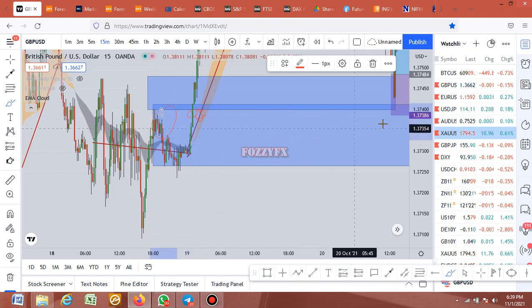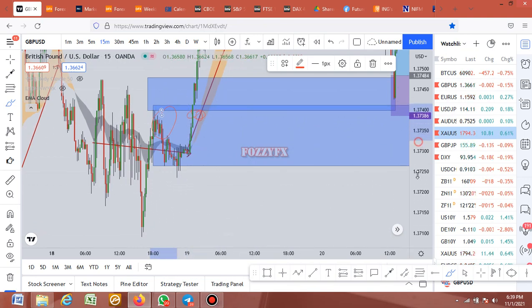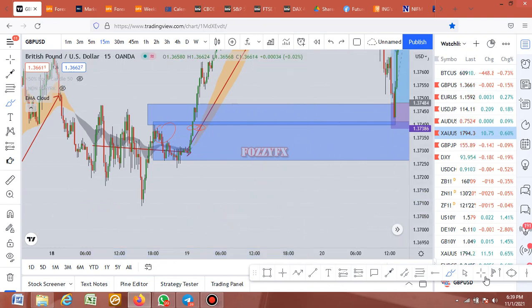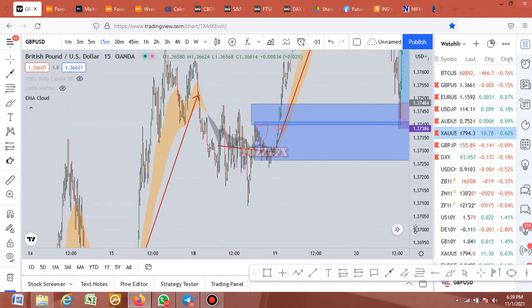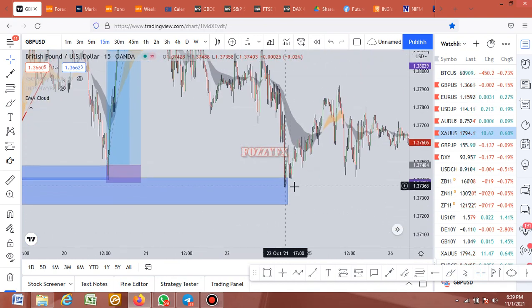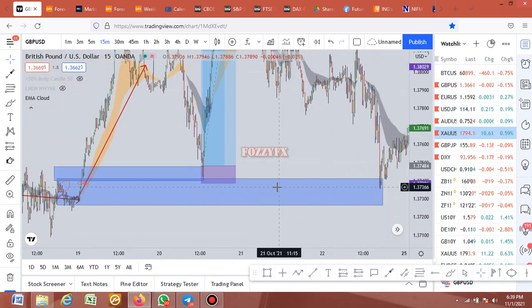So we know that if price trades to this imbalance, we should expect some reactions as well. That's the reason why price traded to this level again, filled this imbalance that we had here, and boom, we're in this move here.